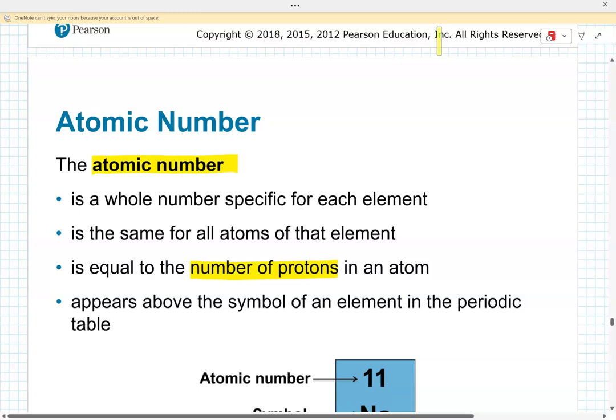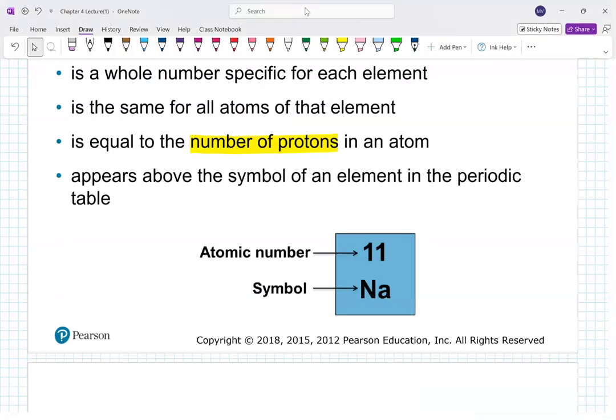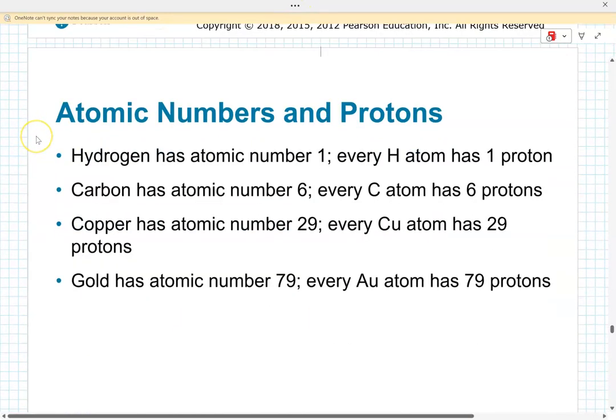Okay, that makes sense? So the atomic number, which characterizes the number of protons, is always on top. So this is what we talked about. Protons determine the identity of an element. You see what I'm trying to say?